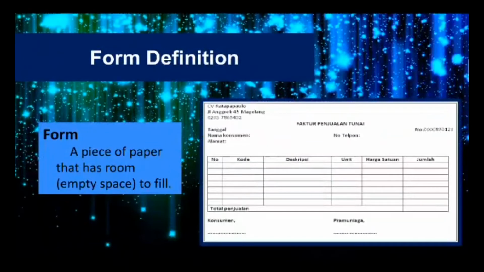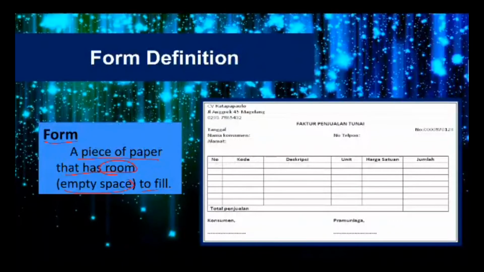Now you can see here that the form is a piece of paper that has room or empty space to fill. This is the form for invoice. You can see here that we can fill this form by filling the empty space.